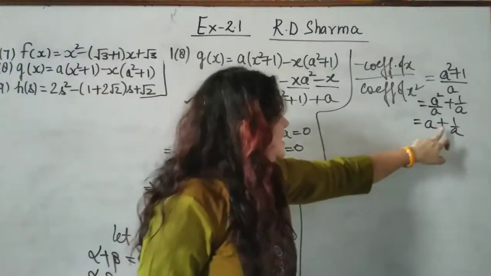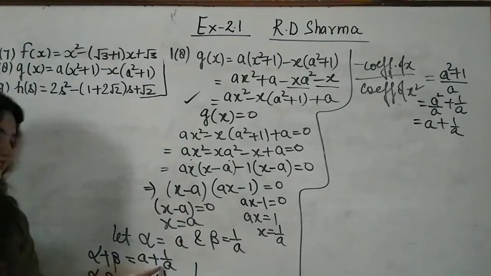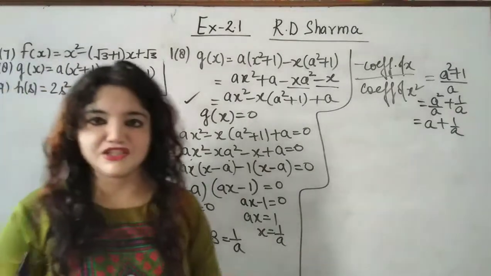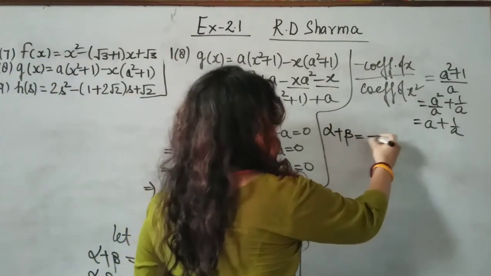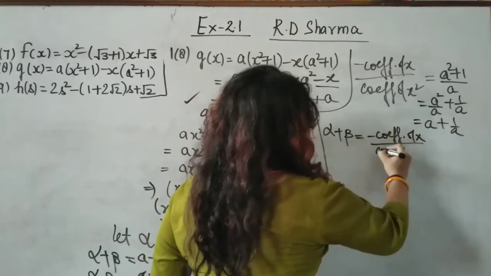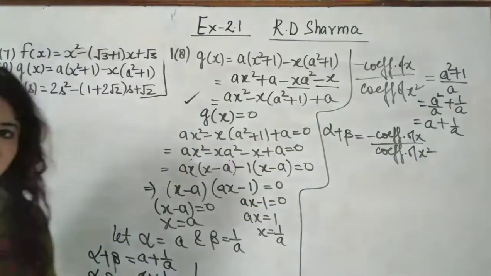Only a, plus 1 upon a. And see, alpha plus beta, that already we have calculated, a plus 1 upon a. So हमने relationship verify कर दिया ना. Alpha plus beta is equal to minus coefficient of x upon coefficient of x square. ठीक है, ये रिलेशनशिप हमने वेरीफाई किया.